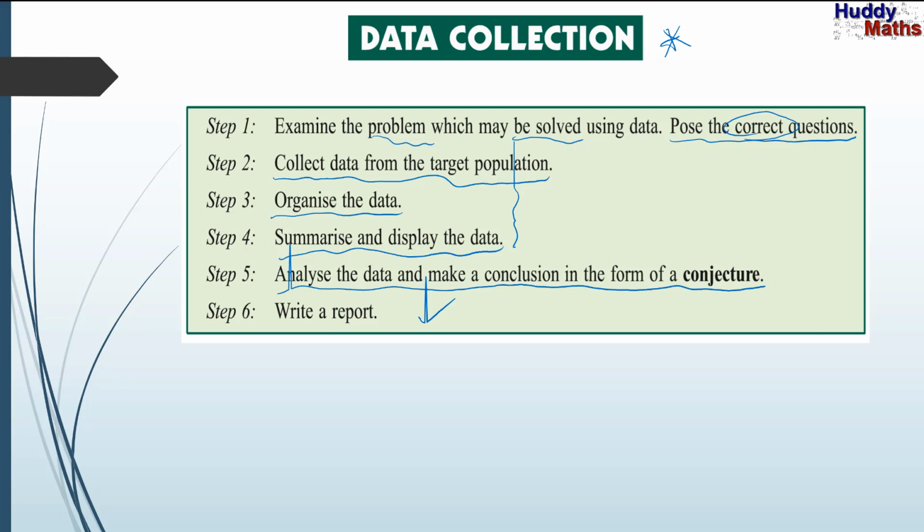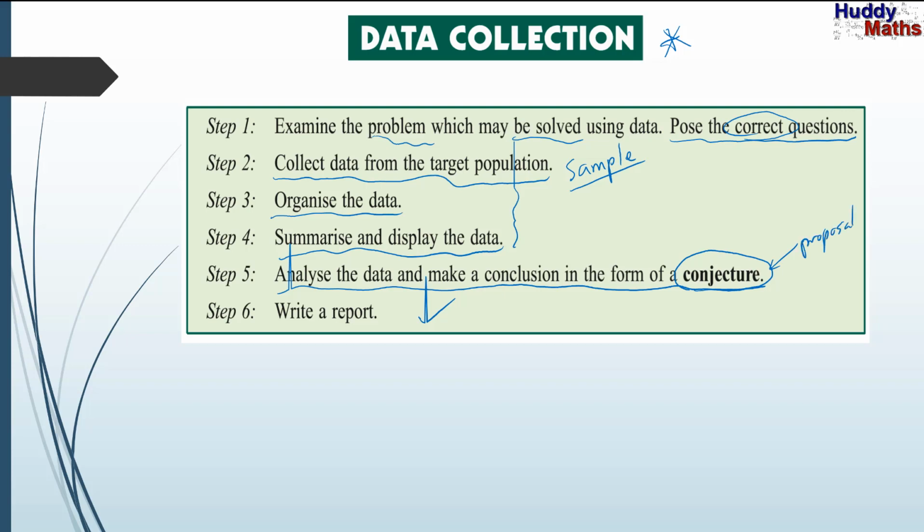Now this word we haven't seen much before, conjecture. So if we're taking a sample, so this is what we're doing back here, collect data from the target population. If it's not the whole population, any conclusions we make are only conjectures. That's proposals, if you like.